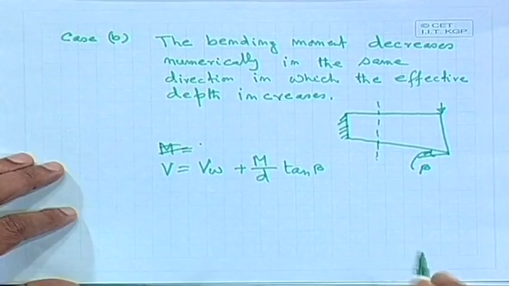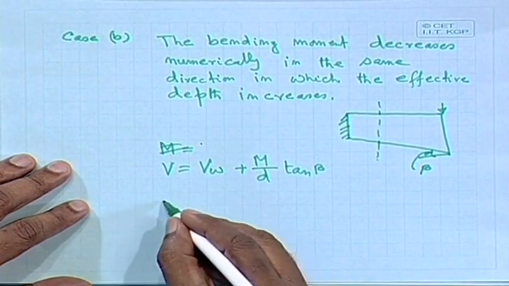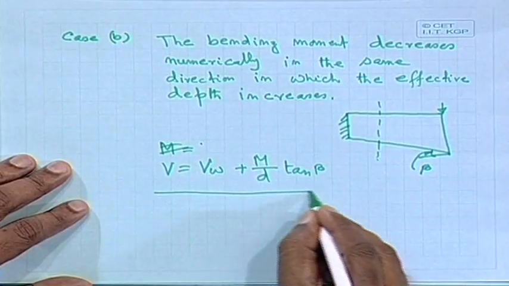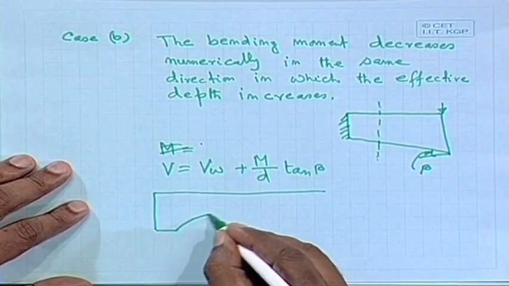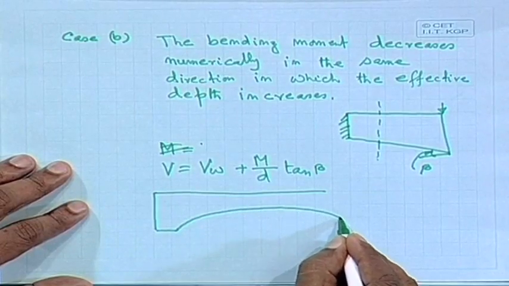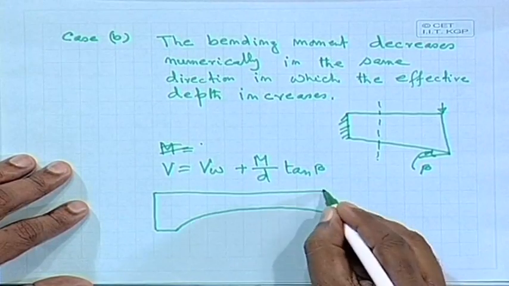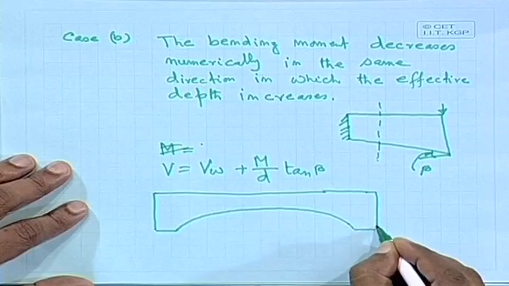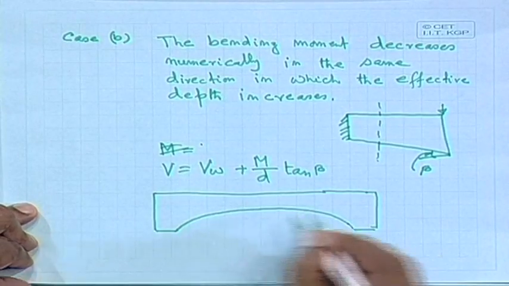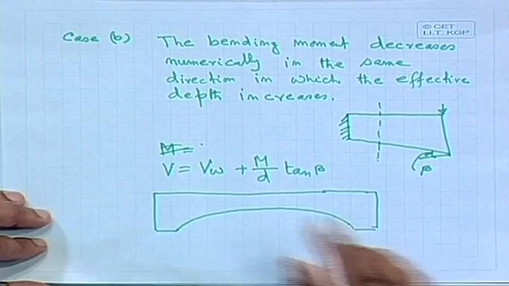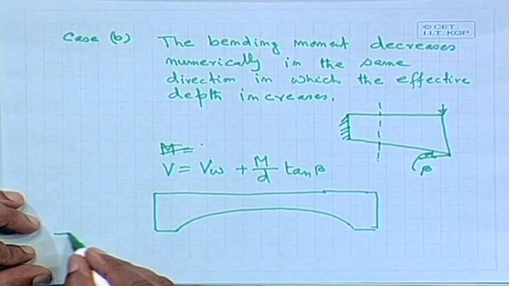We can use, say for example, this type of beam. In bridges also you will find this type of arch, and also something like this we can get.